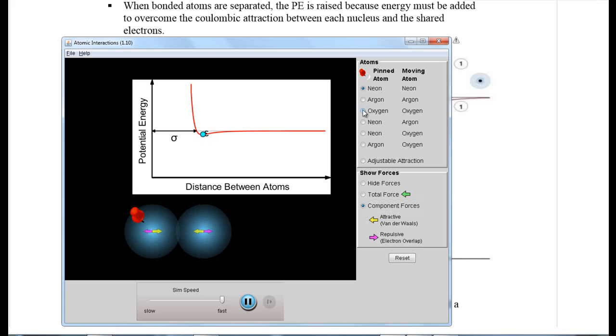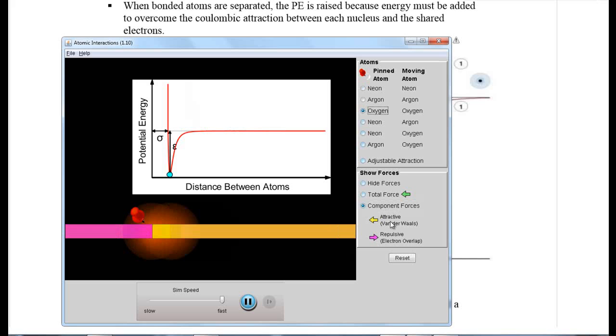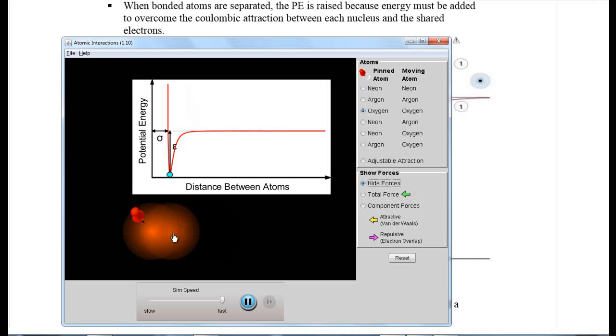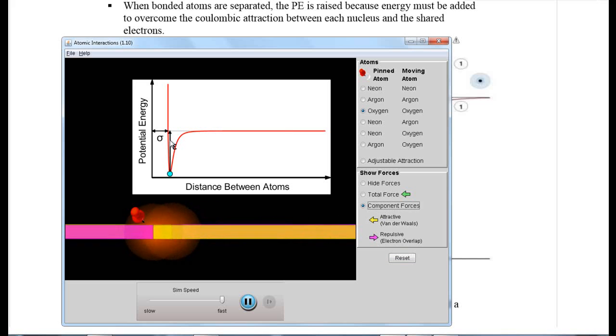Okay? But if I have something like oxygen, let's turn off the forces for a second, and I have this, here I'm looking at potential energy up here, and it's got some potential energy, and let's look at the forces now, there's a little bit of attraction towards this. And when it gets close, that's when the bond forms, because there's a tremendous Coulombic attraction, and you get this big dip in potential energy.